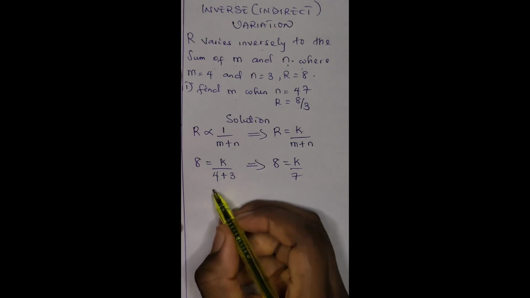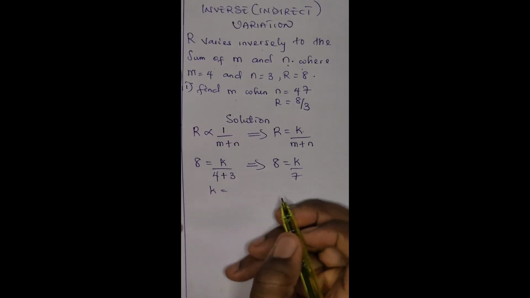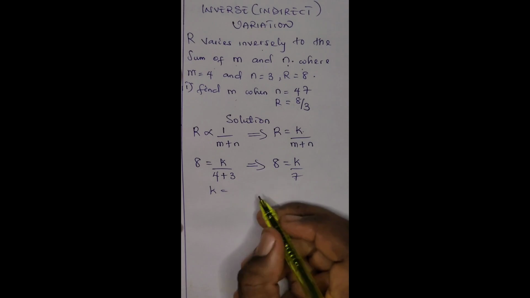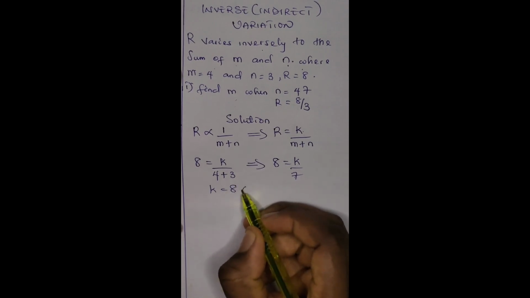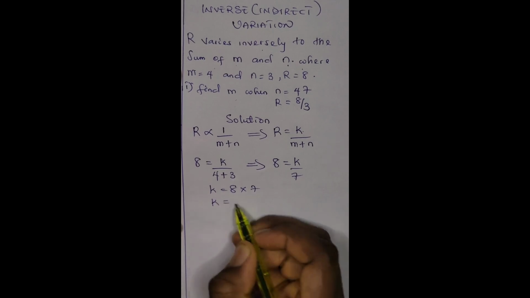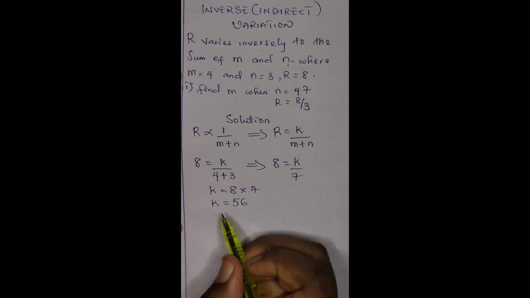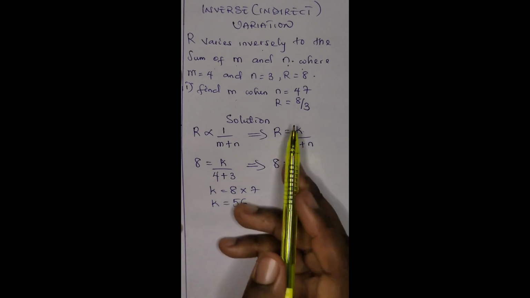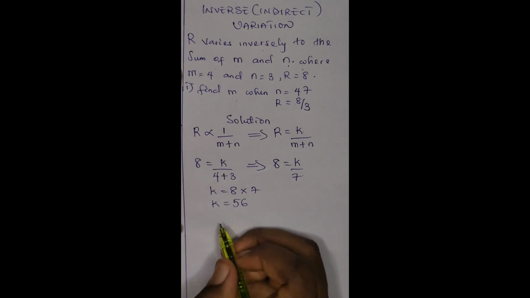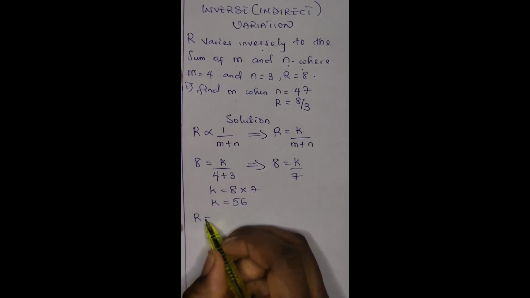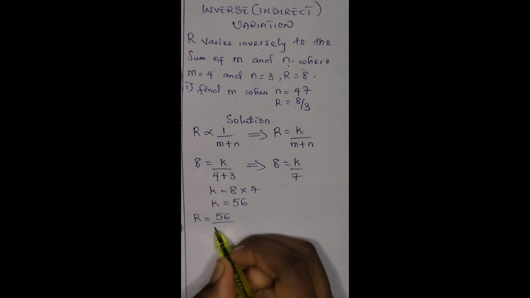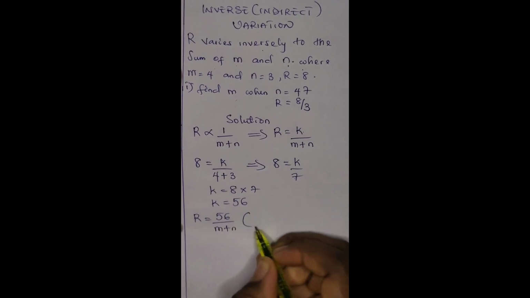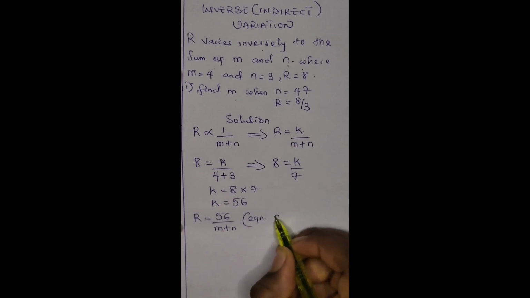So cross multiplying, we have k equal to 8 times 7, which is 56. So we'll be using this constant to get the equation that connects all of them. This will give us r equal to 56 over m plus n. This is the equation connecting each and every one of them.